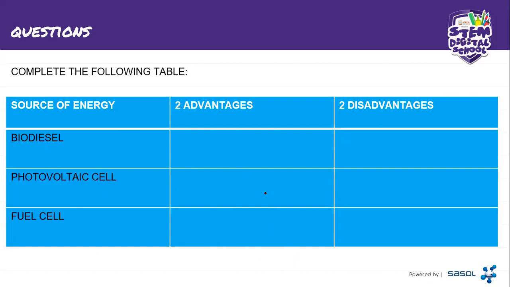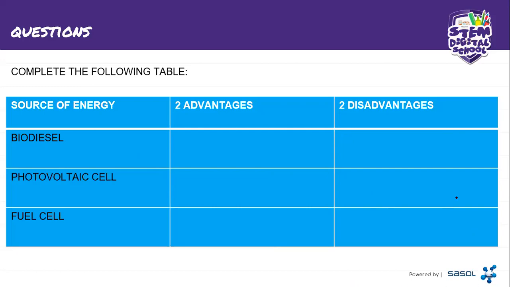But the disadvantages of these fuel cells, particularly your hydrogen fuel cell, is that this hydrogen is very expensive to extract. To get it, it's very expensive. So the extraction of hydrogen is expensive. That is one disadvantage.